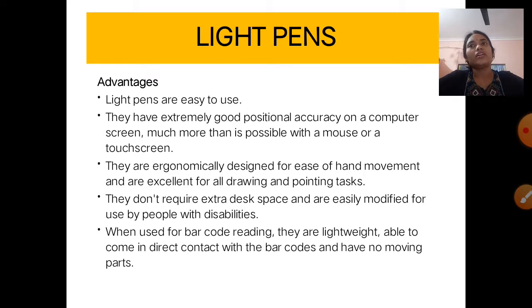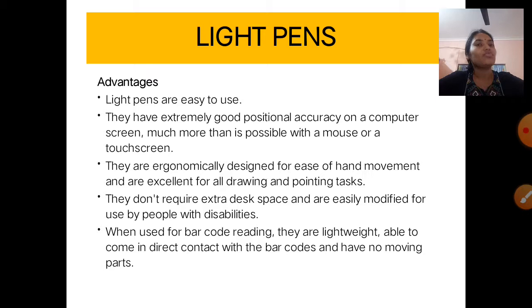They are ergonomically designed for ease of hand movement and are excellent for all drawing and pointing tasks. They don't require extra disk space and are easily modified for use by people with disabilities.